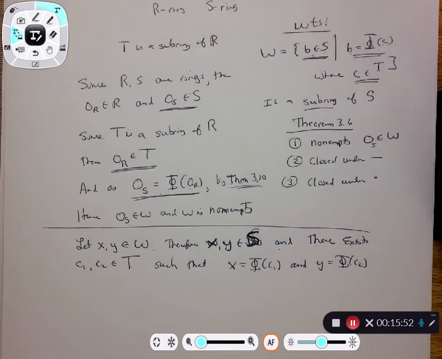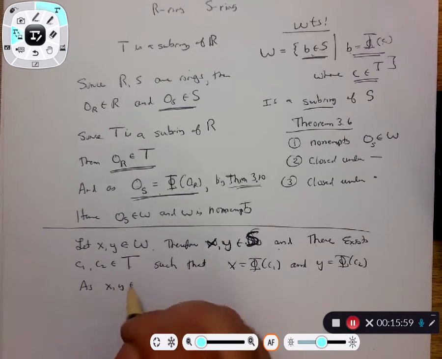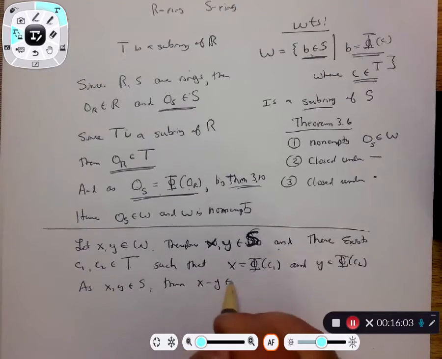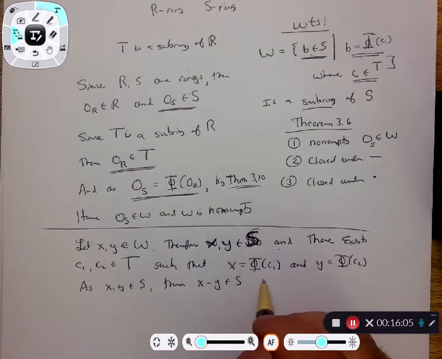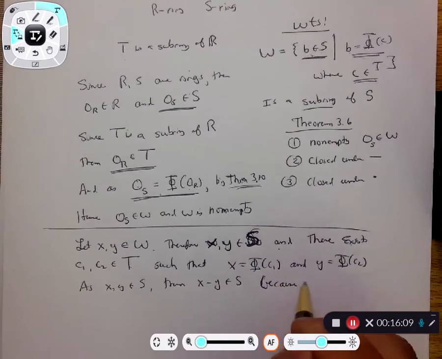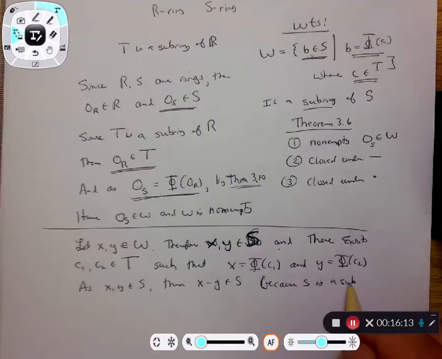We want to talk about closed under subtraction. So as x and y are elements of S, then x minus y has got to be an element of S, because S is a subring. S is a ring, actually, a ring.